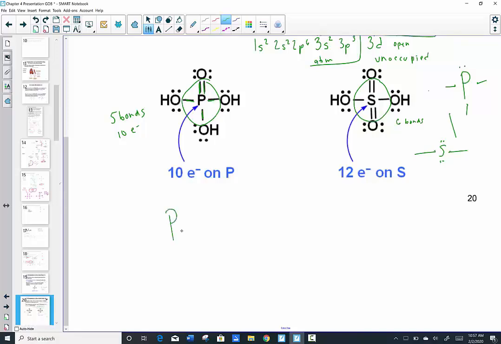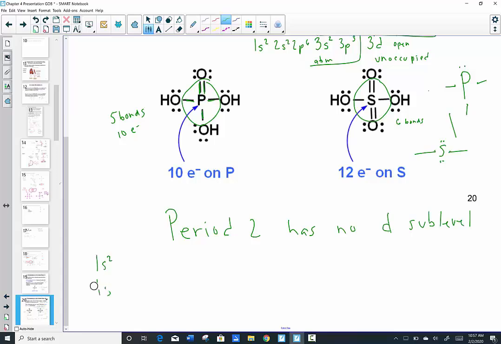Now remember, period 2 has no d sublevels. When I write a configuration 1s2, there's no d sublevels. Period 1 will never be able to expand its octet.